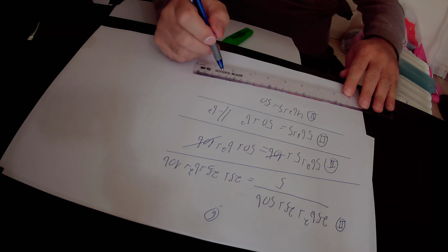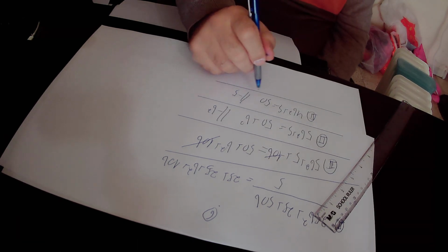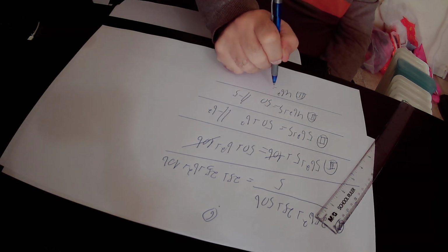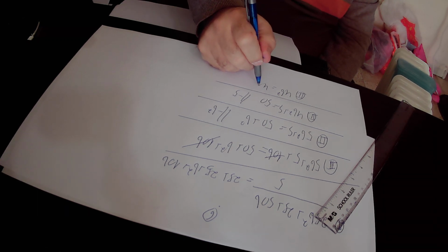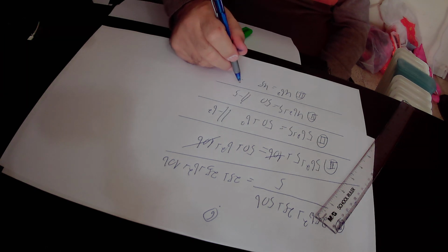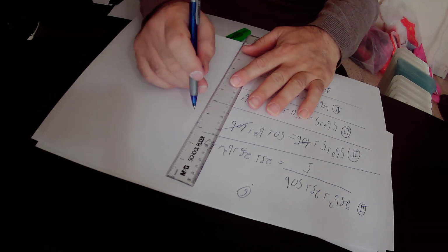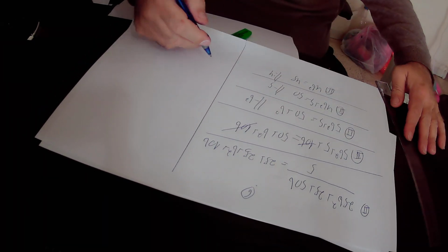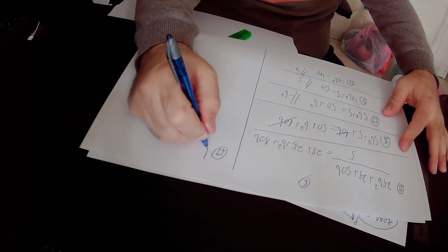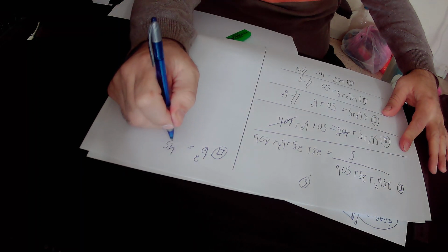Here we subtract 5 from the equation, and we get that 4b squared equals 50 minus 5 is 45. So 4b squared equals 45. Here we divide the equation by 4, and finally we get that b squared equals 45 over 4.